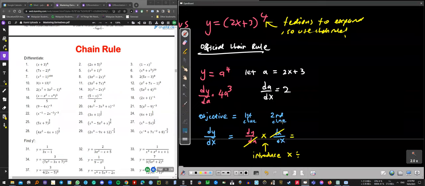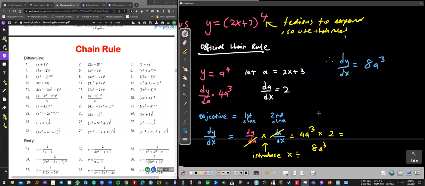So we take 4a to the power of 3 times 2, which gives 8a to the power of 3. So now I'm writing down the answer: dy dx is equivalent to 8a to the power of 3. Strange, isn't it?